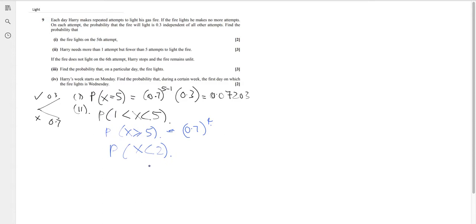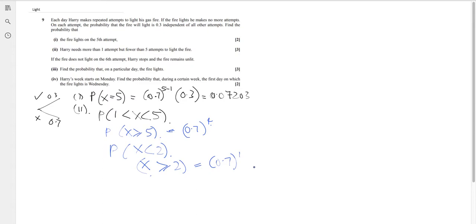In this case, X less than 2 is the same as X greater than or equal to 2. Nothing happens on the first attempt, so it is just 0.7 to the power of 1. The first time he is able to light is on the second, or third, or fourth and so on. So the first attempt he failed, so 0.7 to the power of 2 minus 1.